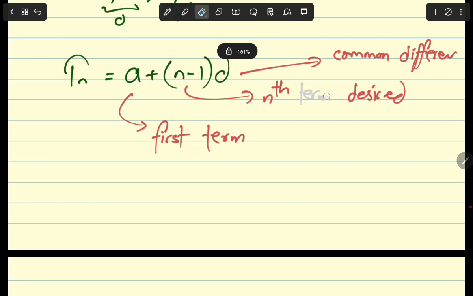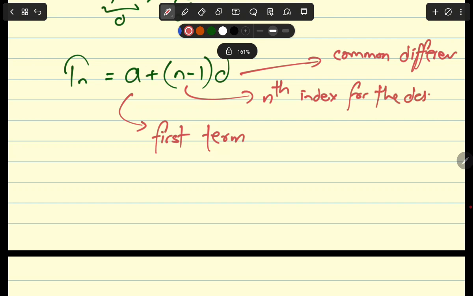So it's not the nth term, it's the nth index for the desired output. And t sub n is the nth term.